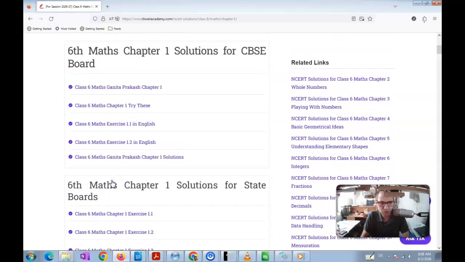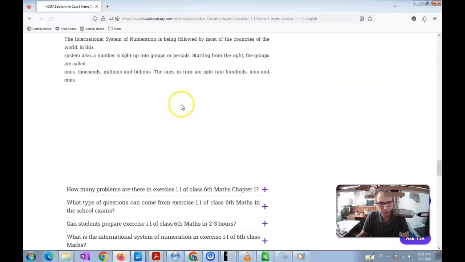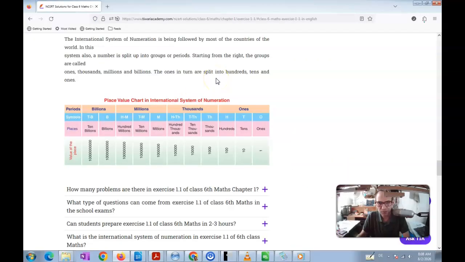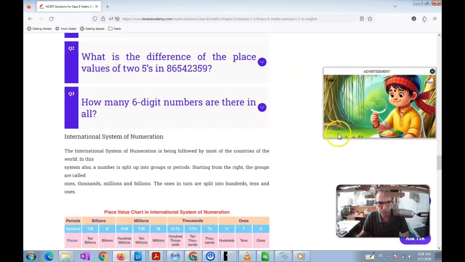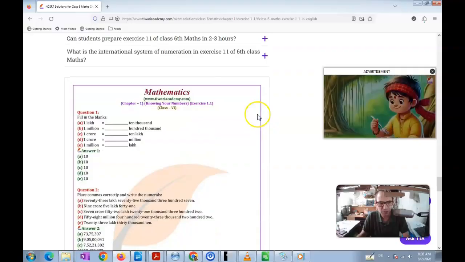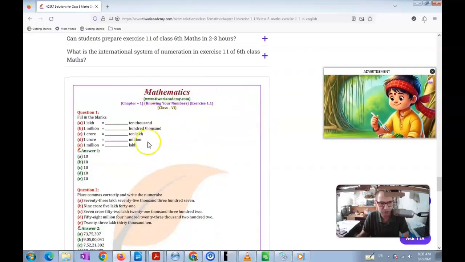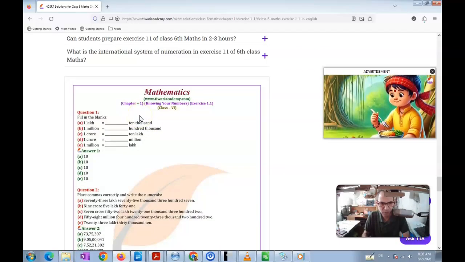So then you come over here and click on exercise 1.1 in English, for example. The website brings you somewhere to the middle of the page, and you see this document type thing.